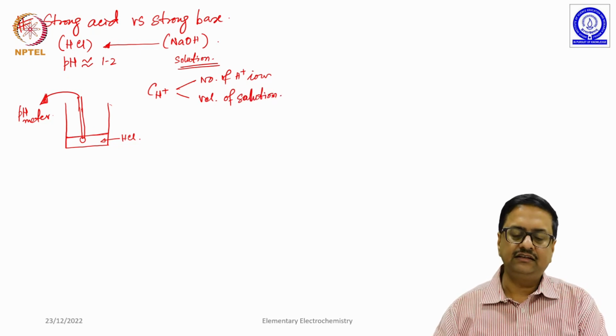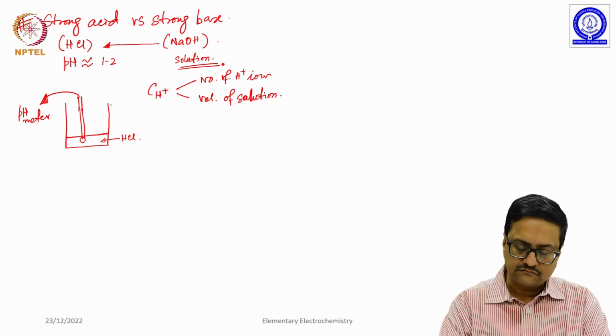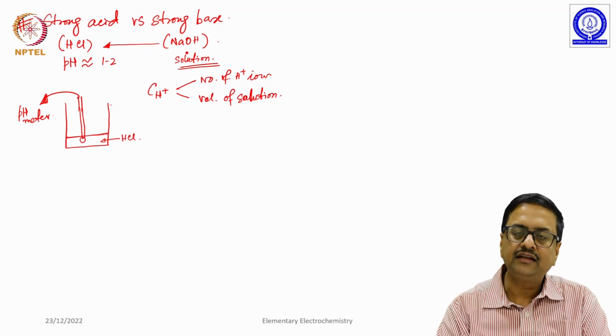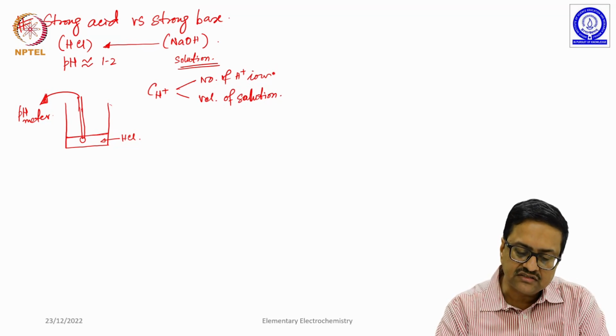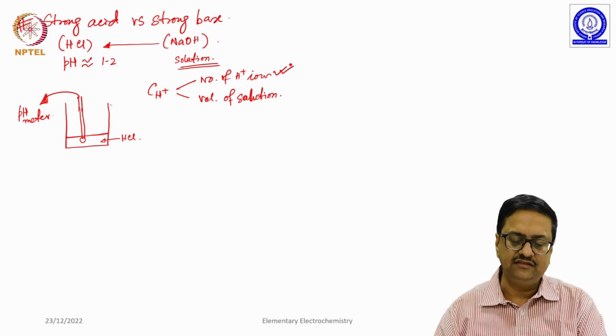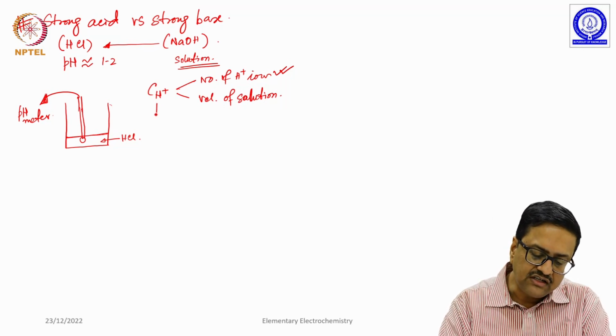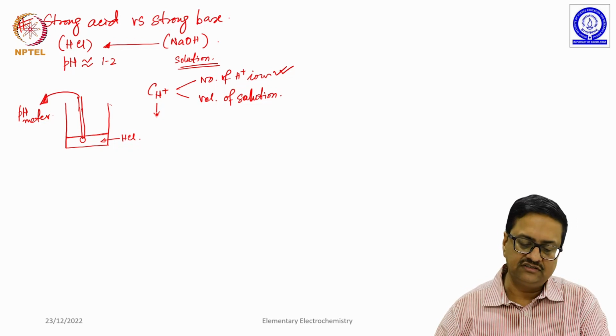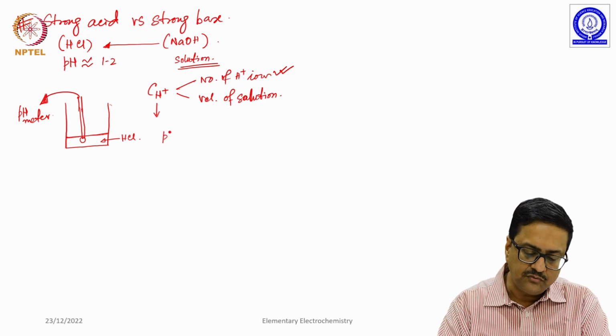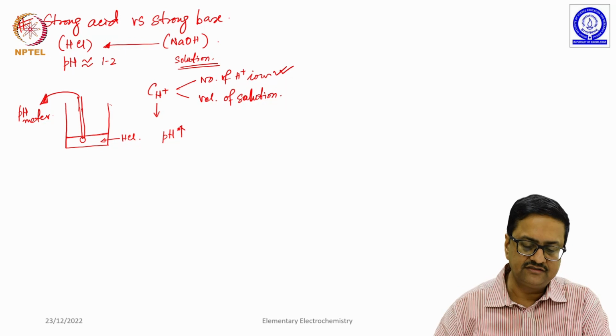So, while doing this titration, by reacting it with NaOH, we are continuously reducing the number of H plus ions. Reduction of number of H plus ions will result in reduction of H plus ion concentration. As a result, pH is going to increase.